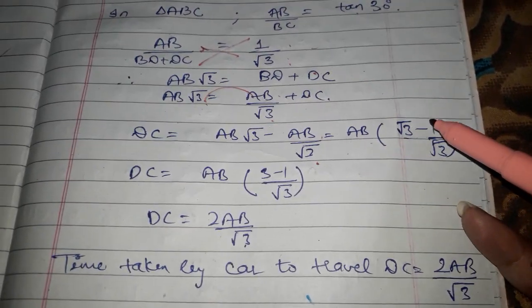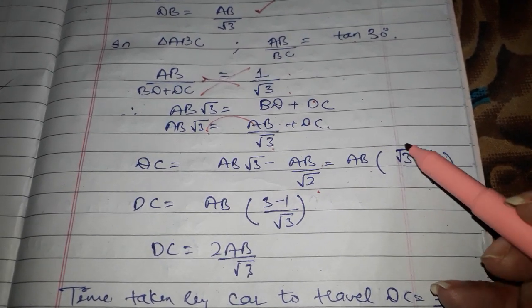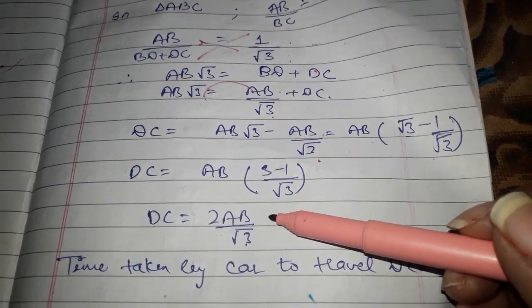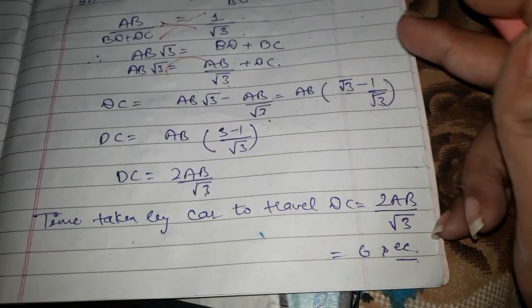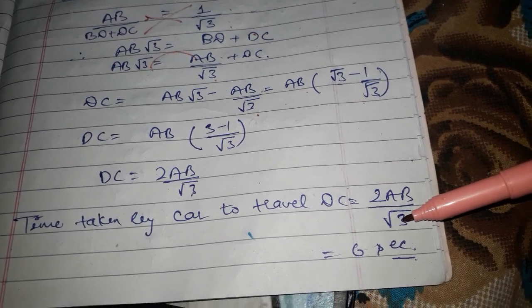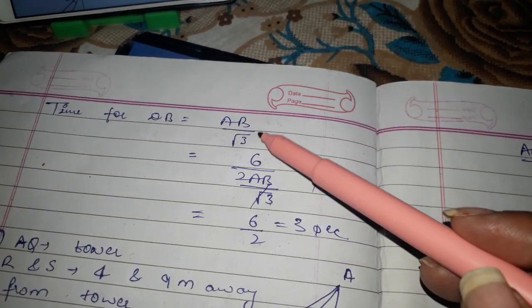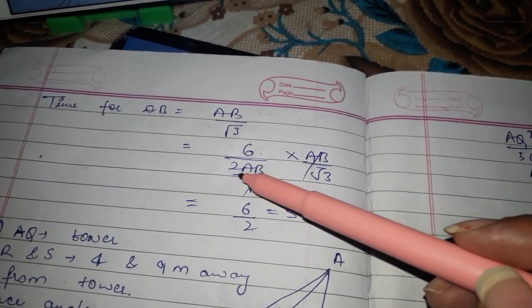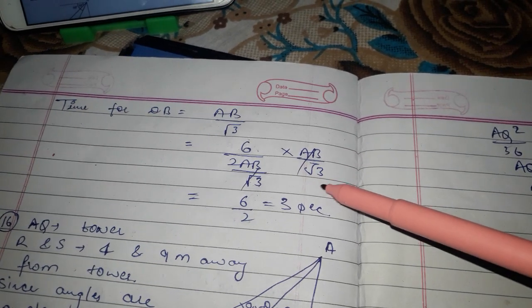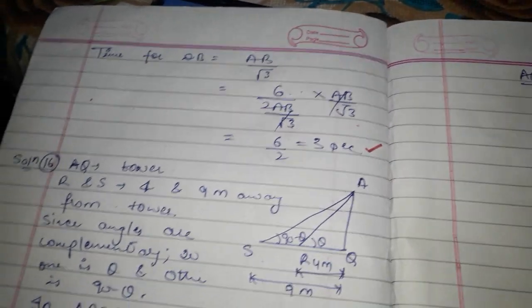AB gets common, it will become root 3 minus 1 upon root 3, AB times (3 minus 1) upon root 3, that is 2AB upon root 3. Time taken by the car to travel DC, which is 2AB upon root 3, is 6 seconds, which is given. Time for DB will be equal to AB upon root 3, so 6 upon 2AB upon root 3 into AB upon root 3, that is 6 upon 2, which is equal to 3 seconds.